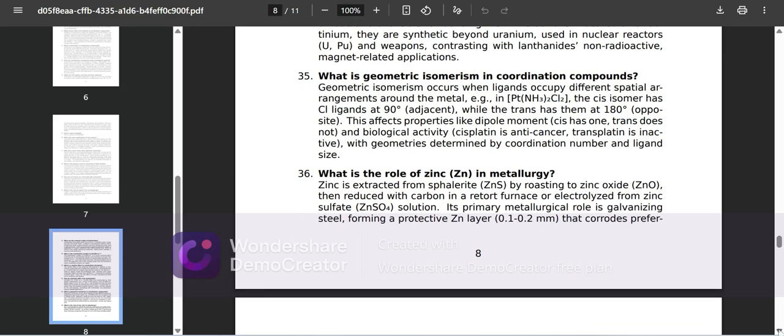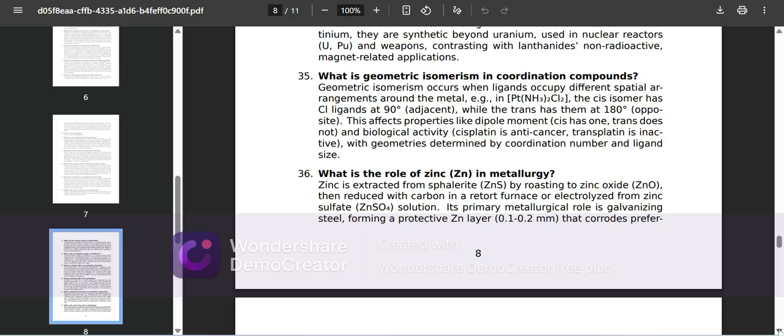Applications. What is geometric isomerism in coordination compounds? Geometric isomerism occurs when ligands occupy different spatial arrangements around the metal. Example: in Pt(NH3)2Cl2, the cis isomer has Cl ligands at 90-degree adjustment, while the trans has them at 180 opposites.